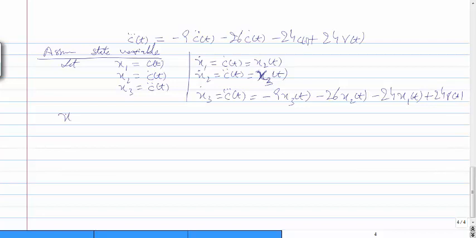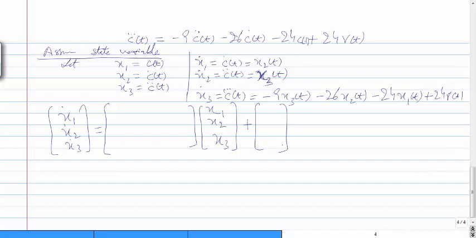Now represent it in matrix form: x1 dot, x2 dot, x3 dot in a bracket, put an equal sign, then make a matrix. If this is a derivative, you have to write the state variables here, the 3 state variables, plus a single input, put the input here.